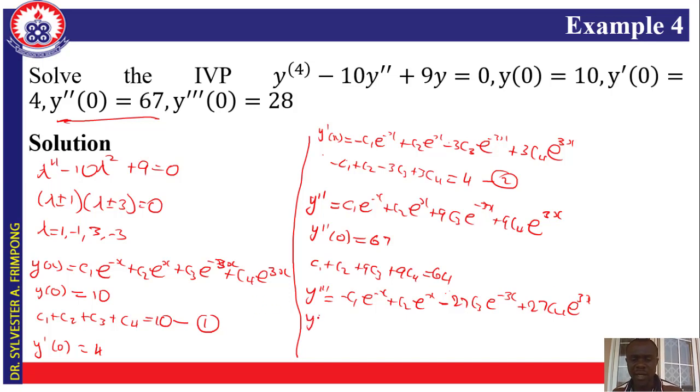Now applying the initial condition, you're going to get negative c1 plus c2 minus 27c3 plus 27c4 equal to 28. That will give us equation 4.